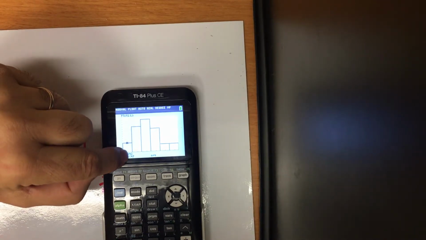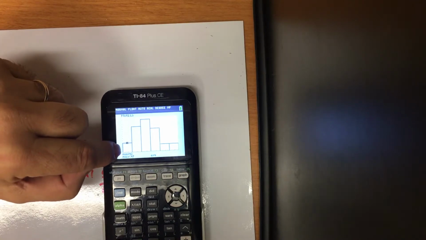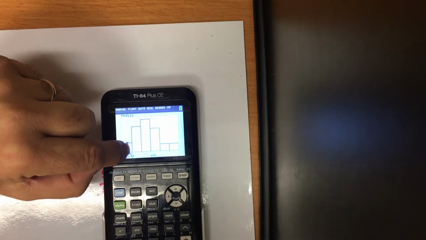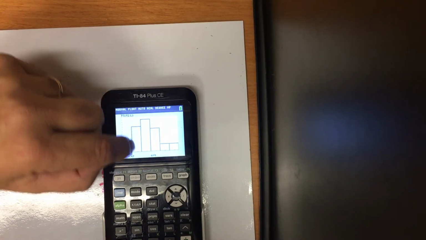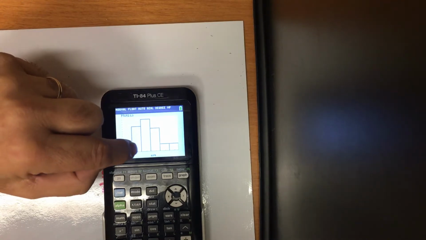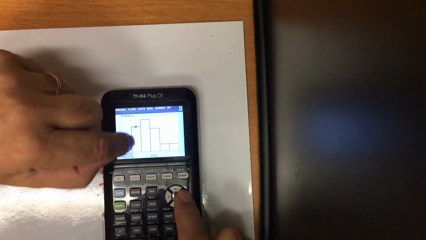If the president was 42, the left boundary is the actual minimum. So it starts at 42, it ends at 47, but the 47 actually is the beginning of the next class. So a 47-year-old would be in the second class. And if somebody is 52, if I arrow over here, they're not actually in this bar, they are in this bar.